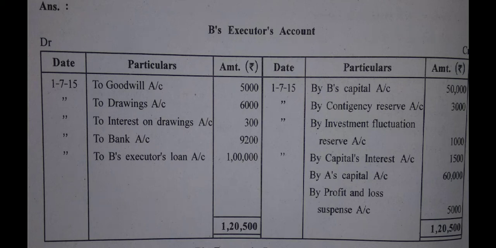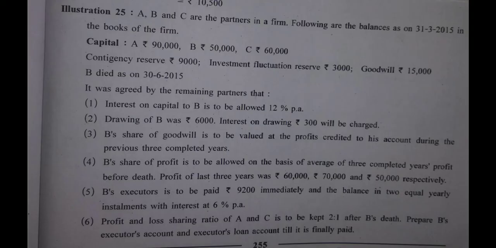Then talking about contingency reserve and investment fluctuation reserve. These are reserves. You know very well how to deal with reserves. Yes, they are to be credited in partners' capital accounts in their old ratio, of course.